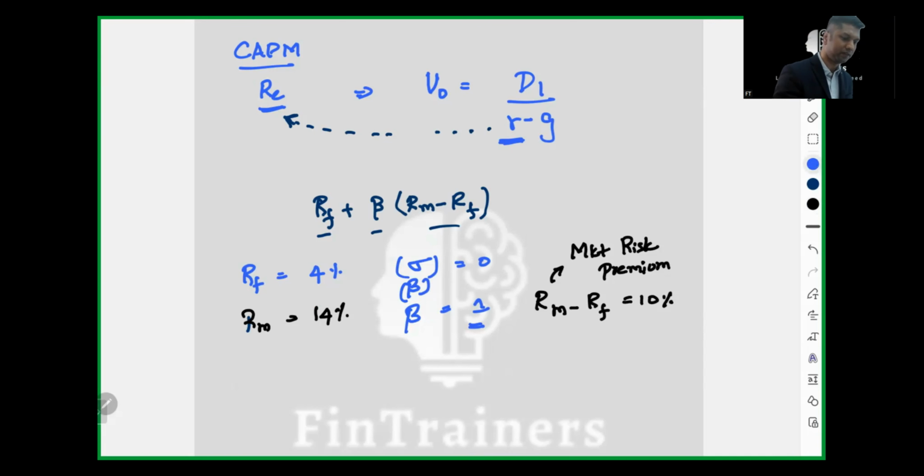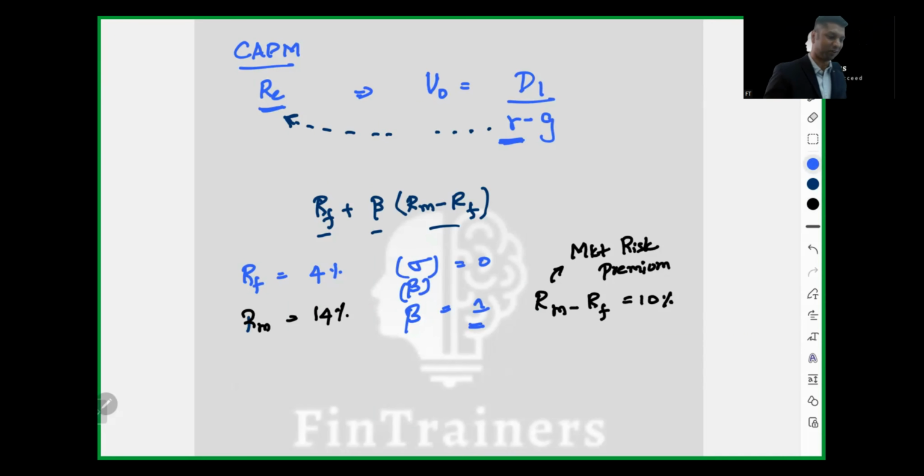But then there are people who want even more. Honesh is not satisfied. 14% is fine, but I can do better in life. So he's saying, find me the stock that will give the maximum returns. And he's come up with some stock.